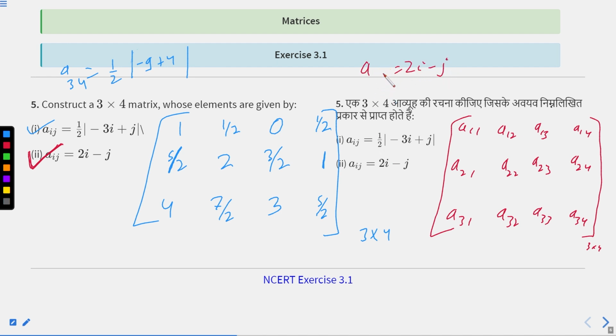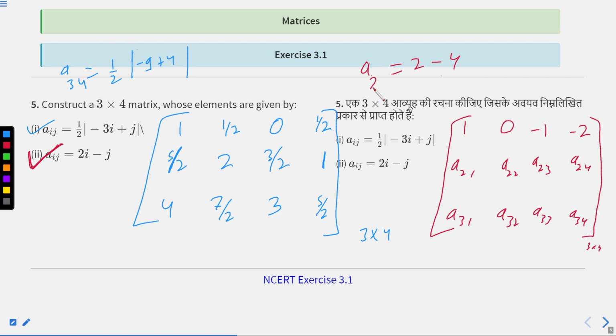Means what? The first will be 2 minus 1, which is 1. Now A12 means 0, but A13 means minus 1, A14 means minus 2. Okay.